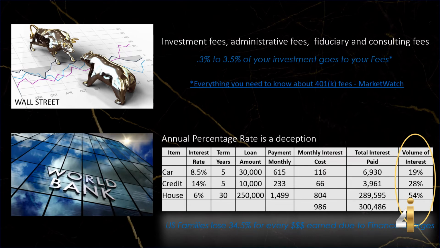That's what you call the volume of interest. The total interest that you could have paid over time for the house of $250,000 is $289,595. That's more than the house that you actually bought. You know, U.S. families lose 34.5 cents for every dollar earned due to finance charges.